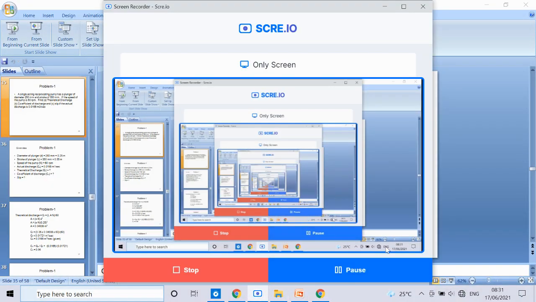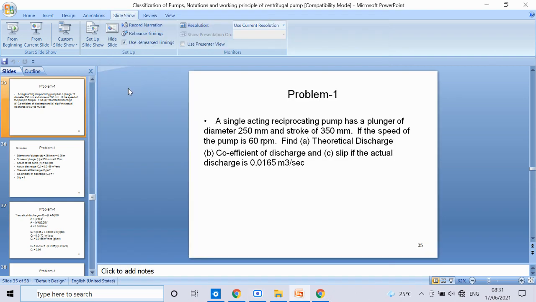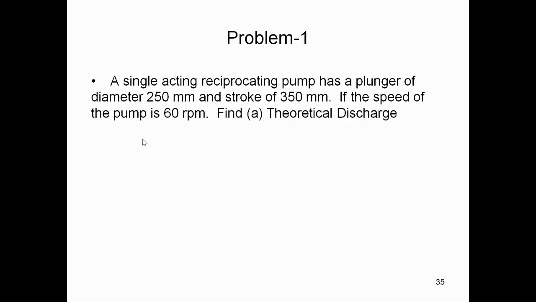Now we can see this problem. This is the first problem we are going to solve today. A single acting reciprocating pump has a plunger of diameter 250 mm and stroke of 350 mm.